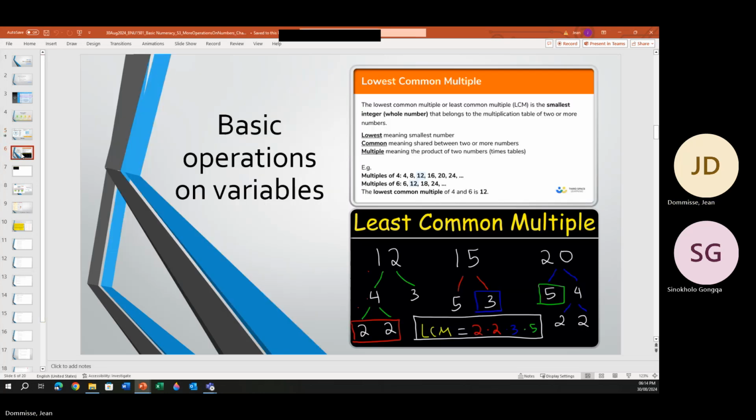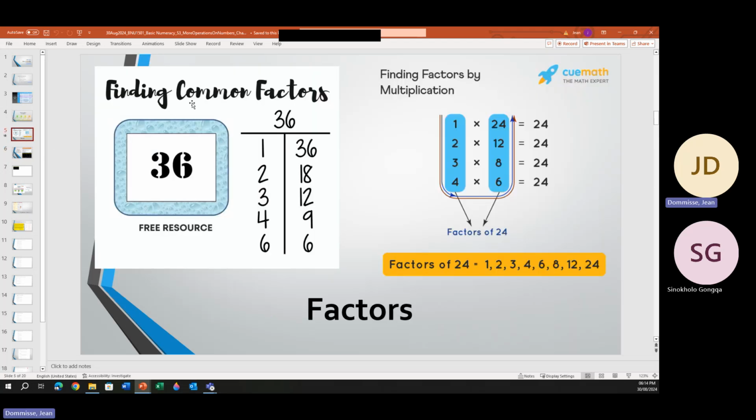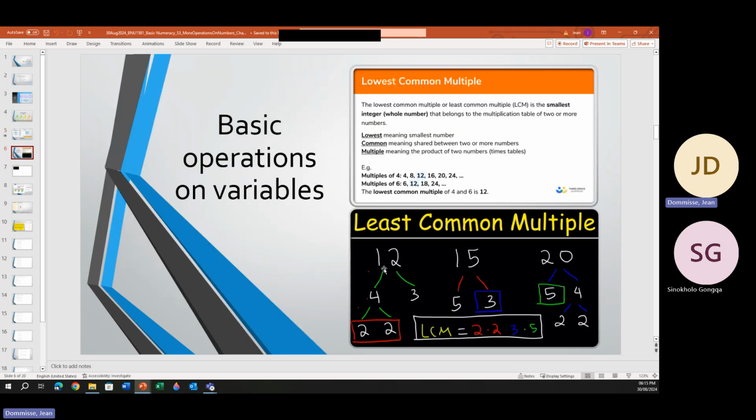Then, looking at this slide where we have a 36 and a 24, that is where the least common multiple comes in. They might ask you, okay, you've got the number 12, the number 15, the number 20.